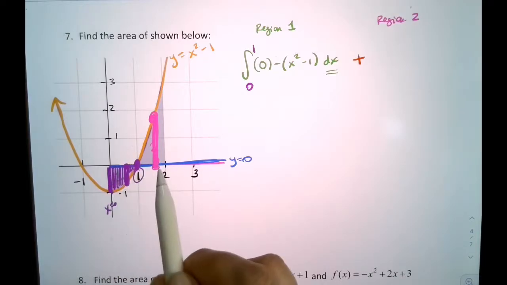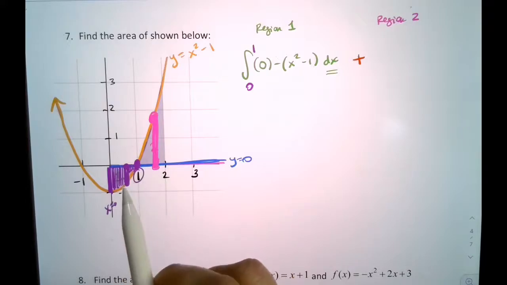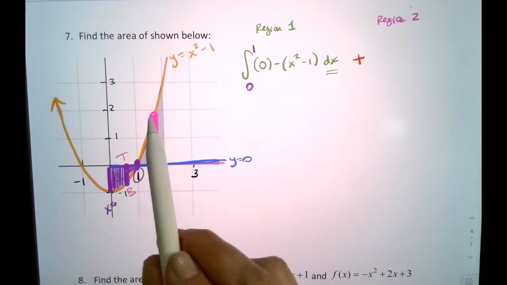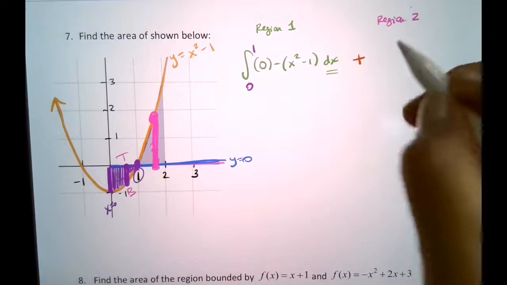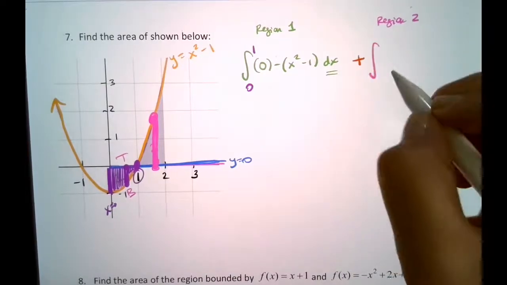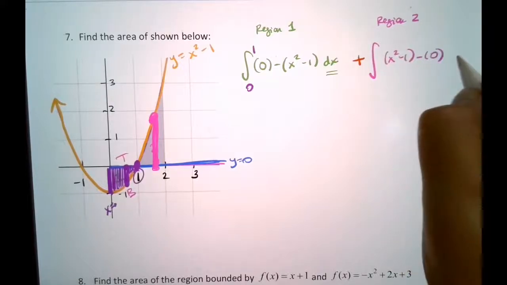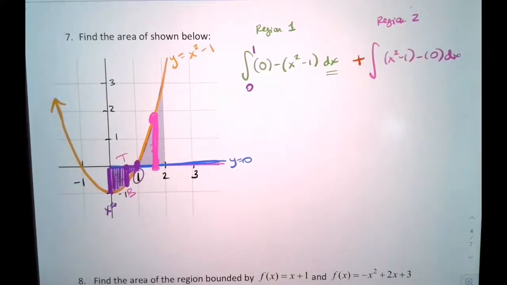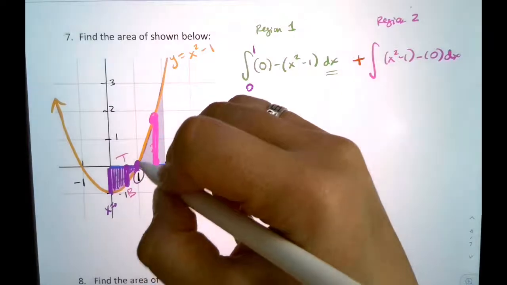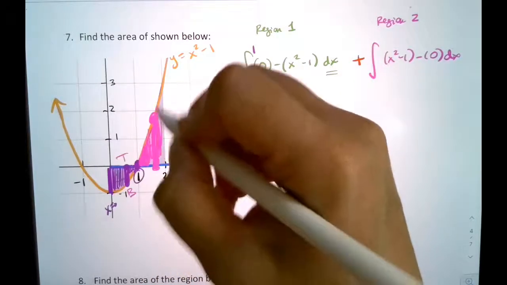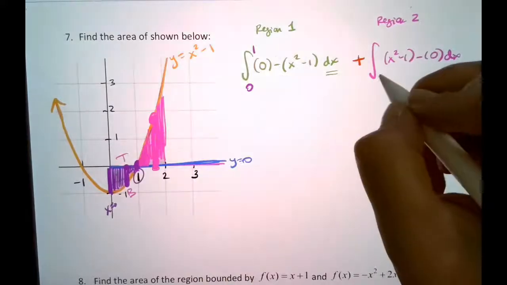I need 2 separate integrals because the top and bottom are changing from region 1. In region 1, the top function is y equals 0 and the bottom was the parabola. Here it's switching, so I need another integral, which is no problem. The top function is the parabola, and the bottom function is y equals 0. My limits of integration, imagine sliding this thing all the way to the left, start at x equals 1, and then you're building that area all the way until you get to 2.